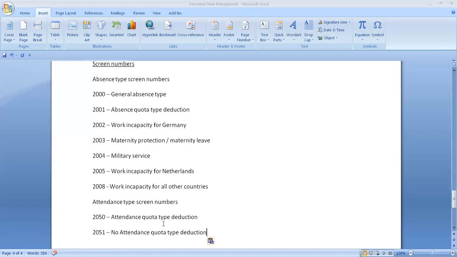Whatever you maintain in casual leave, different field names are available, and for maternity leave, other field values need to be present. That is why, for different leave types, the screens are different. You cannot work the same way for maternity protection as for general absence type. Field values are different, and further divided based on country.